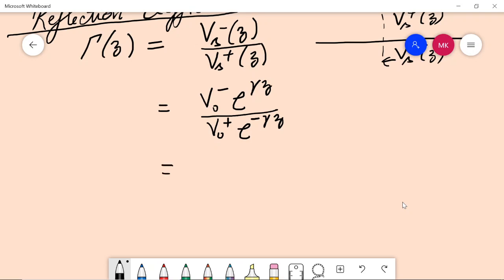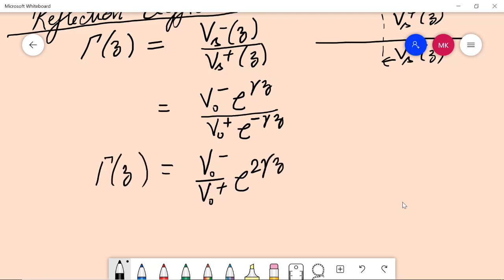So it is just V naught minus over V naught plus e to the power 2 gamma z. This is the reflection coefficient at a particular point z.